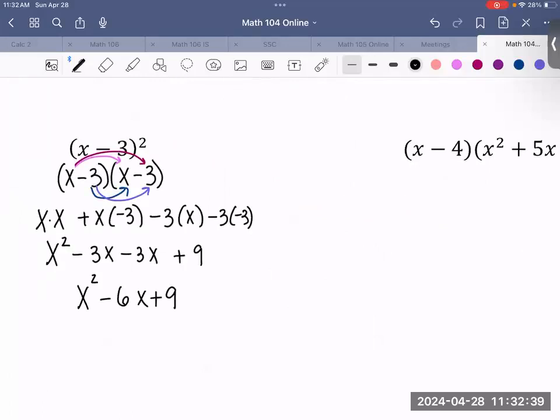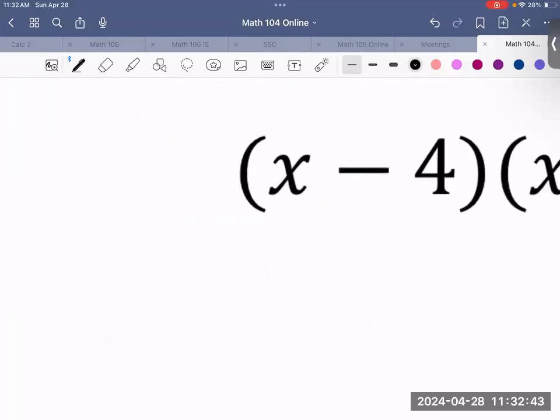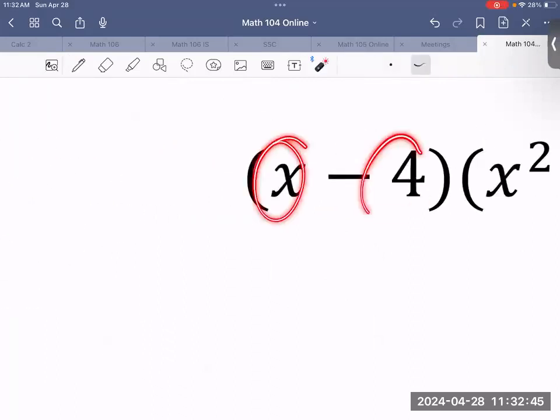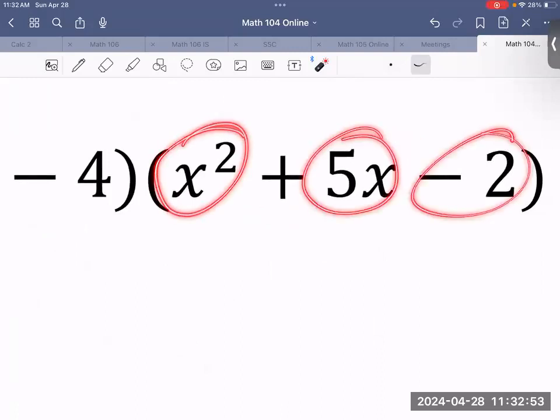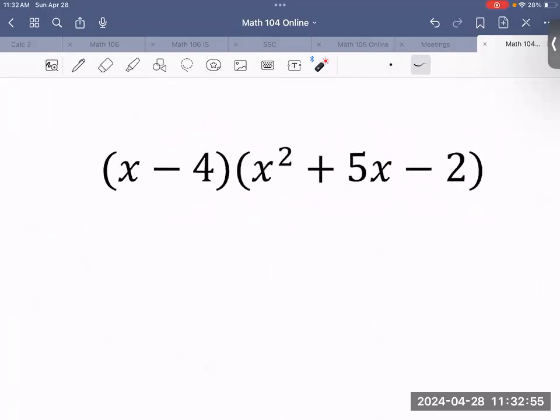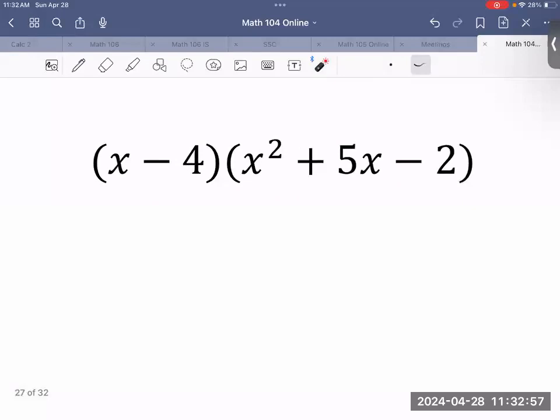Let's try it one more time now with foiling, with not just a binomial, which means we have two terms. We are now going to expand it out to 3 terms, a trinomial, 1, 2, 3. So the only difference is that you're just going to be doing an additional multiplication.